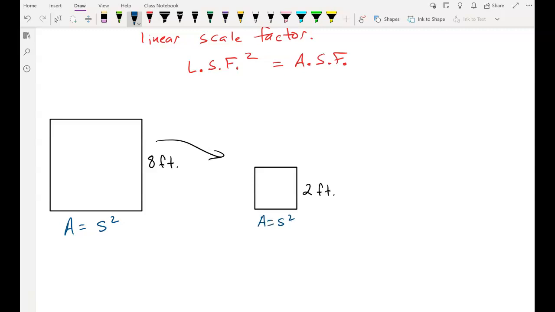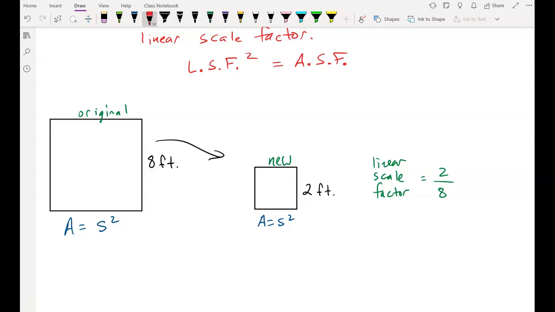But before we do that, let's remember we're going to find the linear scale factor first. This is going to be our new square. This is our original. So the side length of the new one is 2. The side length of the original is 8. 2 over 8.